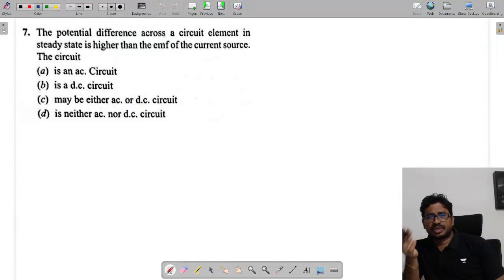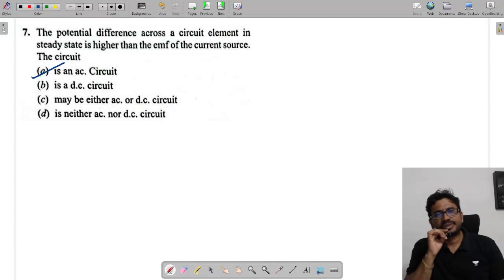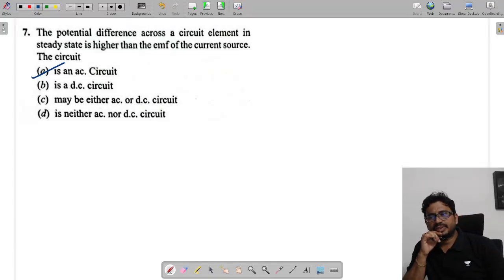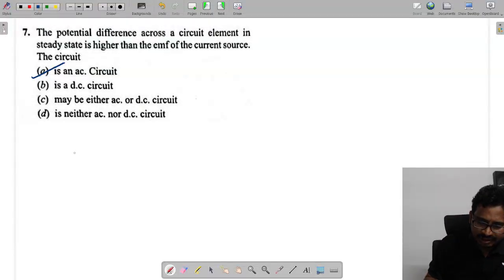If it is more than the supply voltage, it must be an AC circuit only. In an AC circuit, the voltage across inductor and capacitor can be more than the supply voltage.